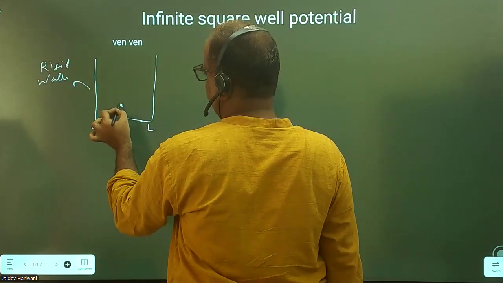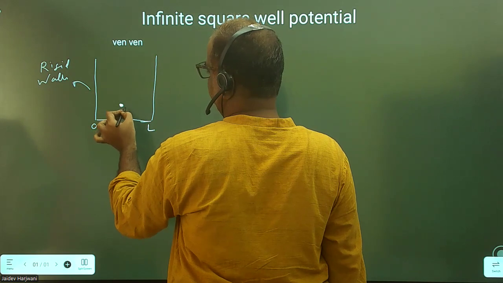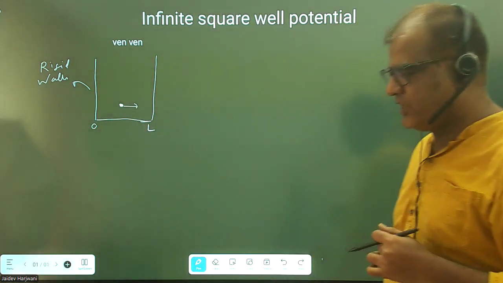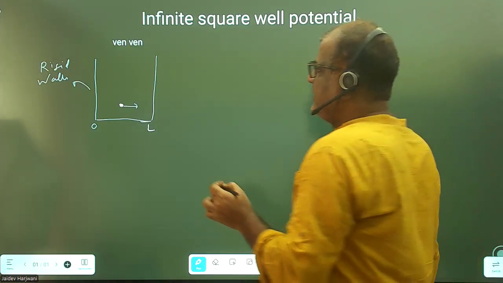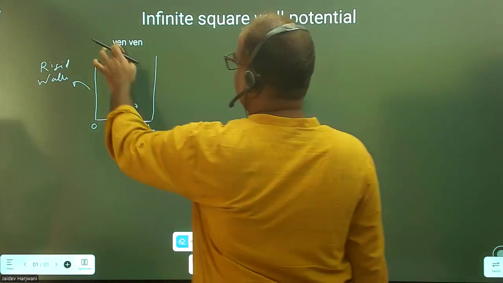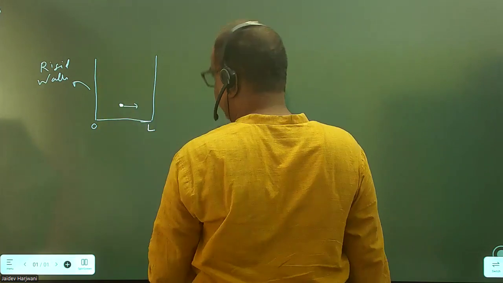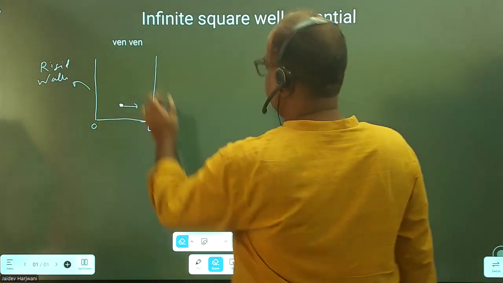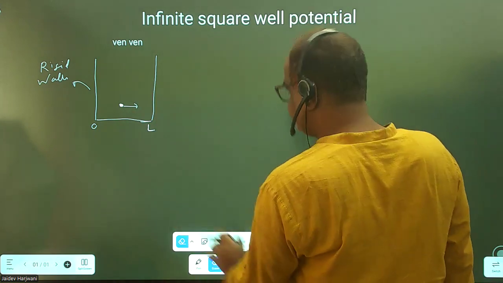So here you have a particle inside the well, moving left and right, but it cannot escape from the box.